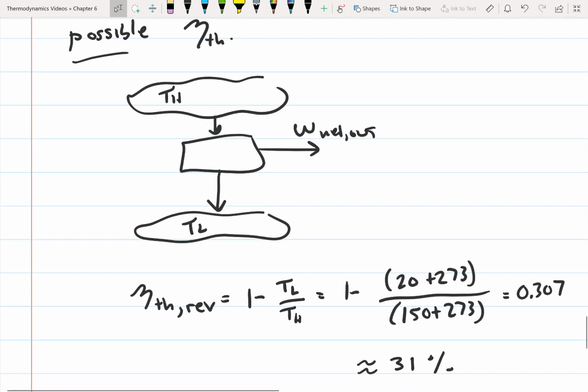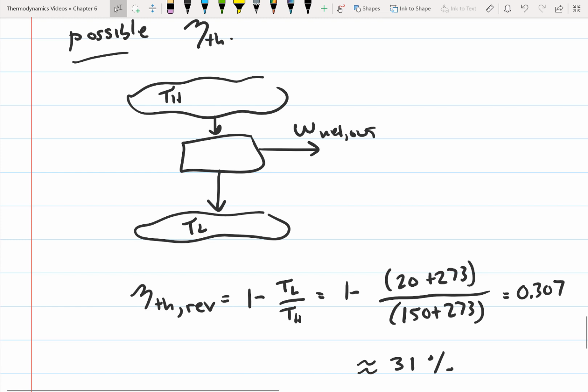So basically, if we try to design something that's going to have a higher efficiency, it's going to violate the second law, and it won't be possible. So the process you're going to be using to determine if your particular cycle violates the second law is calculating the thermal efficiency for a reversible or ideal process, which is the Carnot cycle.